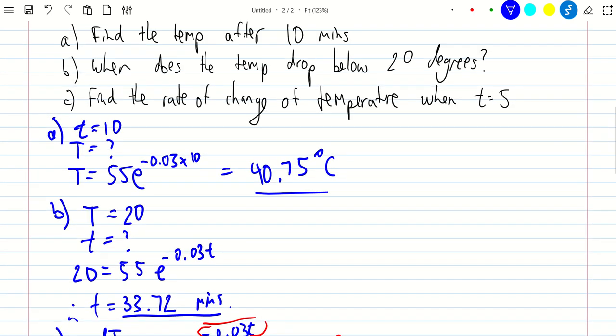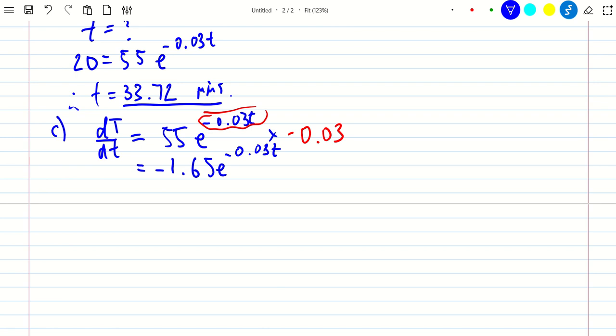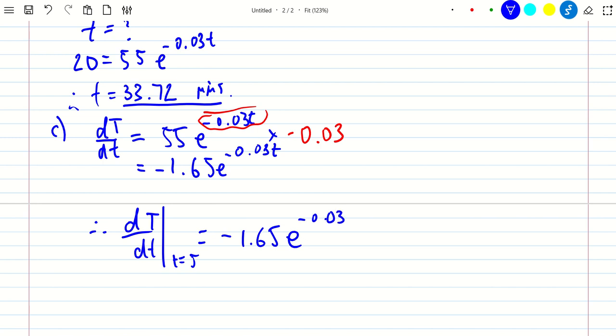And we want the rate of change when t is equal to 5. So we want to have a look at this. So what we want, therefore, dT/dt when t is equal to 5 is equal to negative 1.65 e to the negative 0.03 times 5. We're just subbing in t is equal to 5 here. Okay, so we'll go do that.